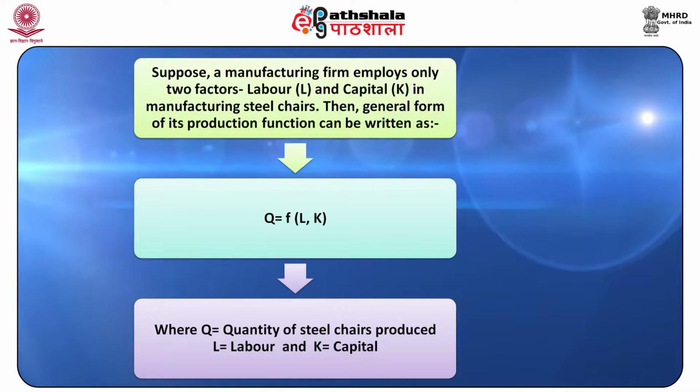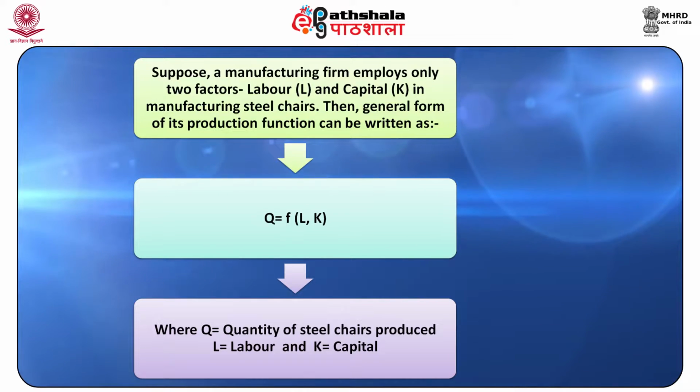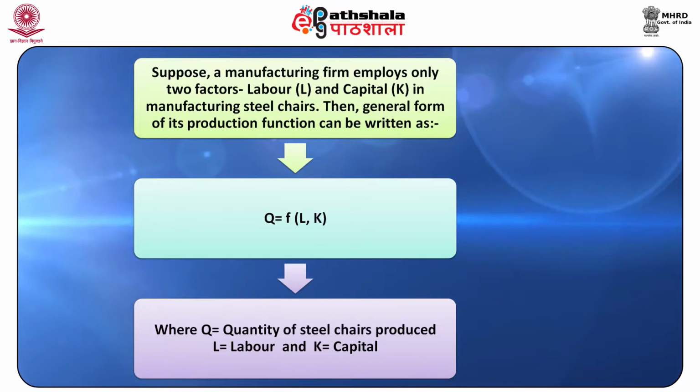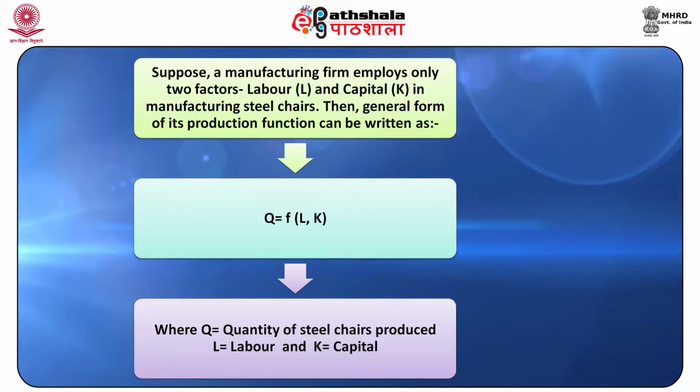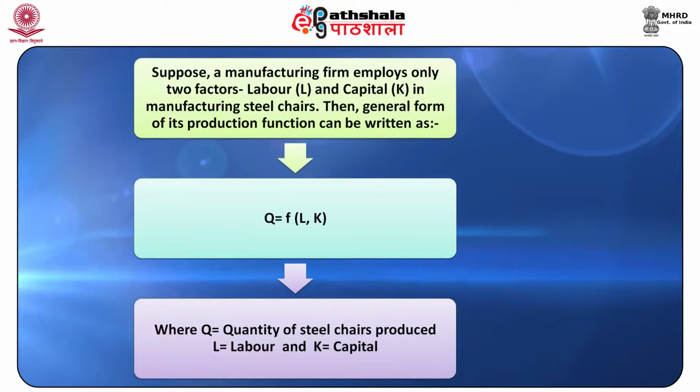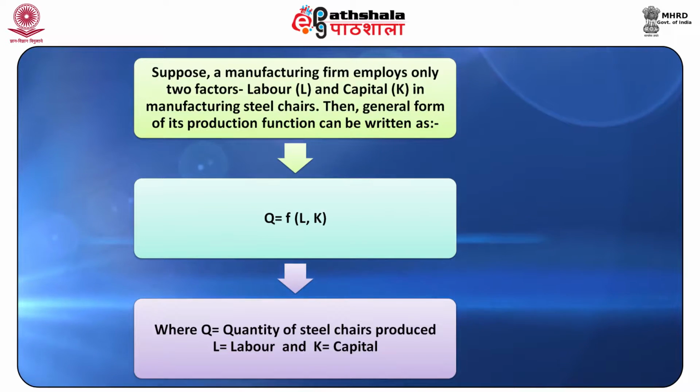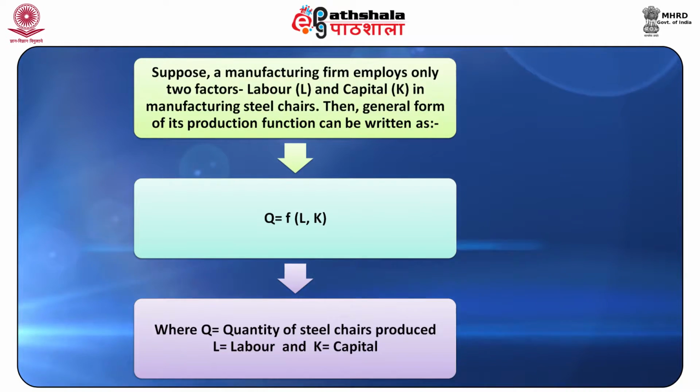Then the general form of its production function can be written as Q = f(L, K), where Q is the quantity of steel chairs produced, L is labor, and K is capital. The production function shows that the quantity of steel chairs produced depends on the quantity of labor L and capital K employed. The production of steel chairs can be increased by increasing K and L.